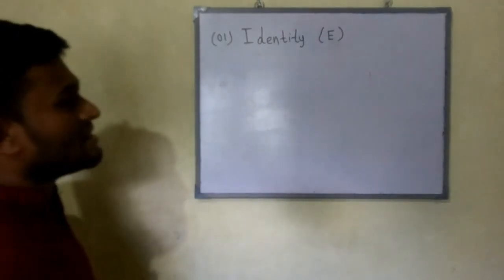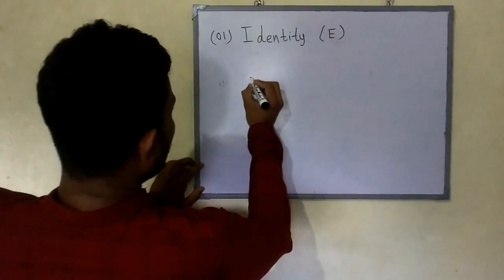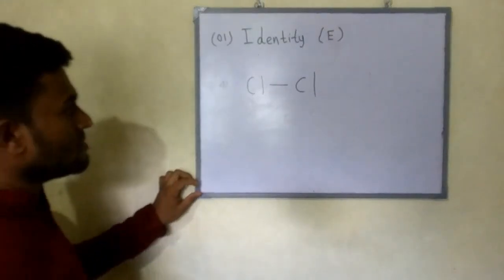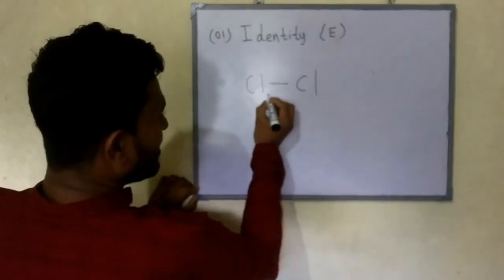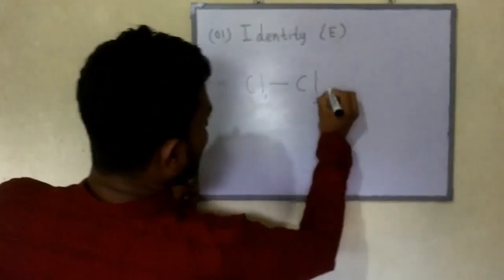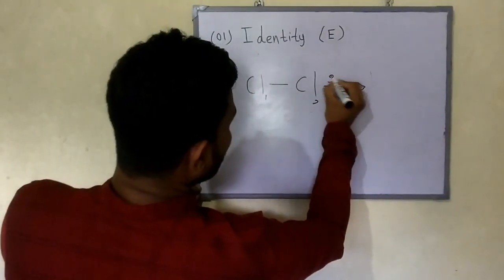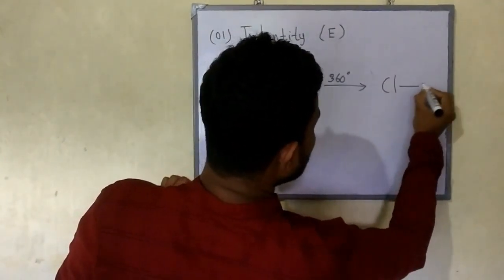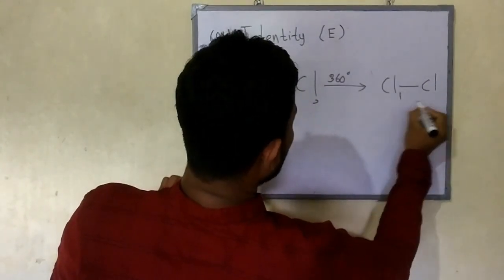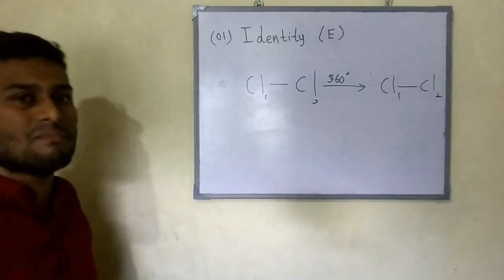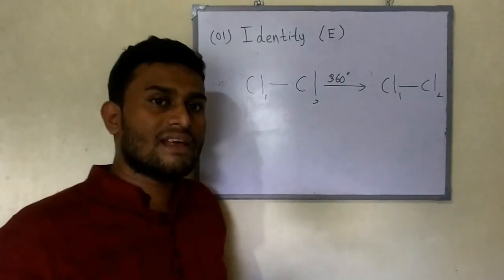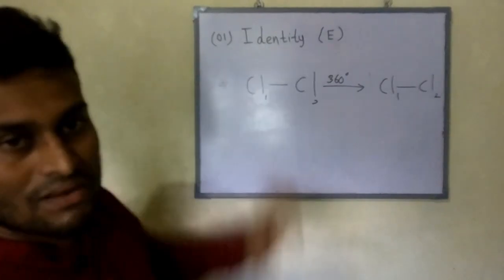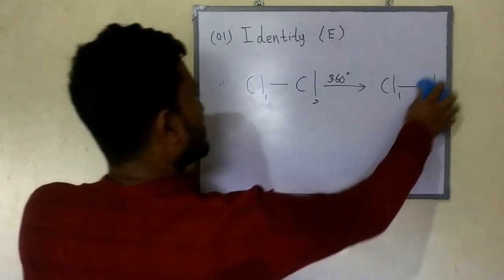If we see an example like this chlorine molecule, we can name the atoms 1 and 2, and if you rotate by 360 degrees, your molecule will be the same, 1 and 2. So it means doing nothing to the molecule. In the universe, each and every molecule possesses this identity of symmetry.